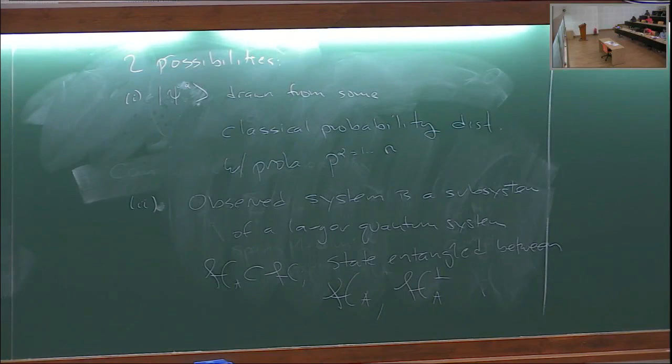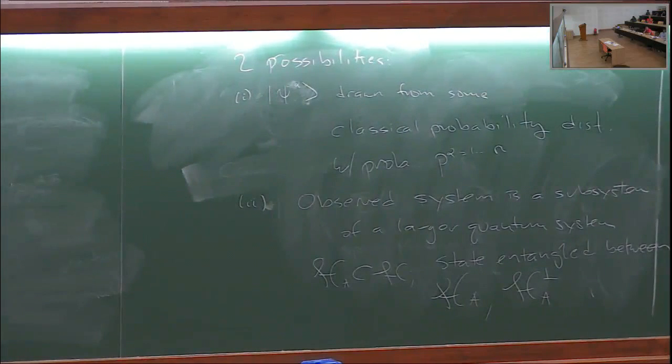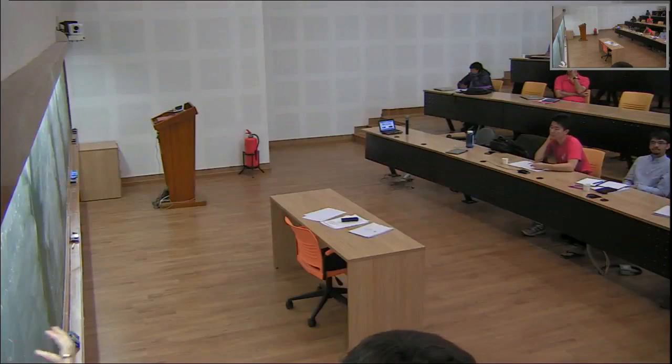Given an initial state, the average of a large number of measurements of this operator in that initial state is this expectation value, this matrix element of the operator.